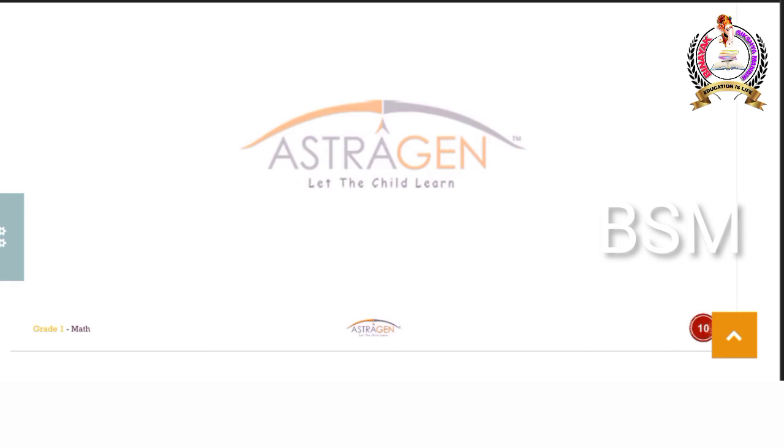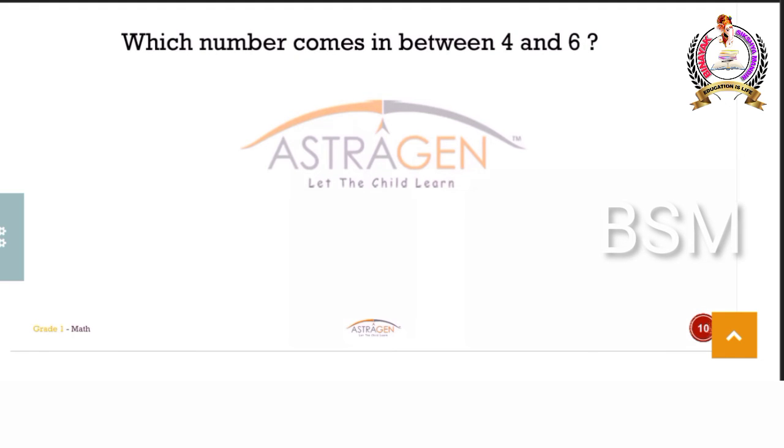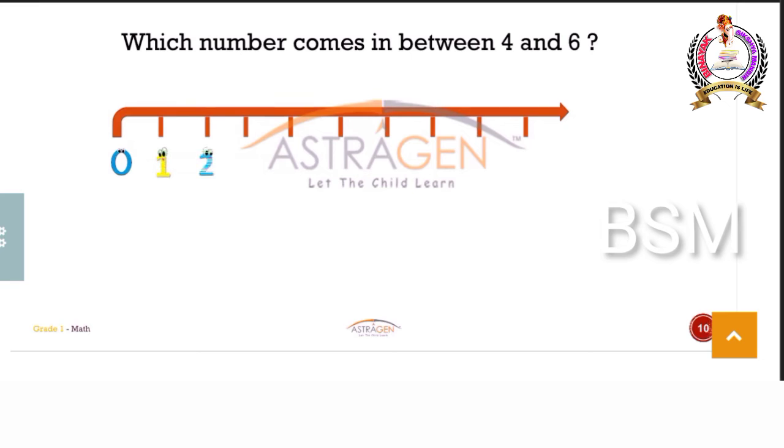Now let's see what the between numbers are. Here comes the number line again. And what's the question this time? Which number comes in between 4 and 6? Did you see the number 4 and the number 6 are circled? There is a line under the missing number. Did you guess which number is missing?